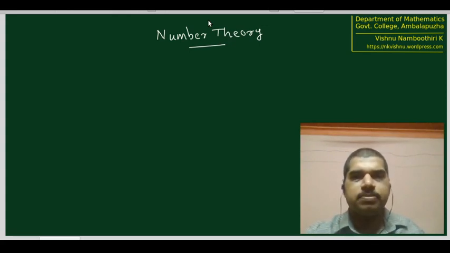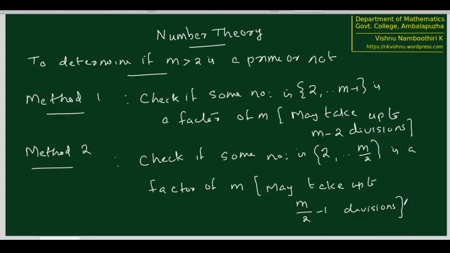To recall what we have done so far, to determine if m greater than 2 is a prime or not, we initially suggested method 1, which is checking if some number in the range 2 to m minus 1 is a factor of m or not. So if you are trying to divide m by 2, then by 3, then up to m minus 1, it may take up to m minus 2 divisions to completely determine if m is a prime or not.